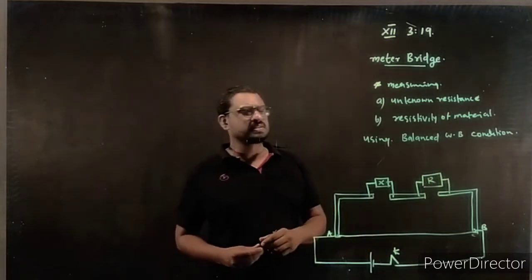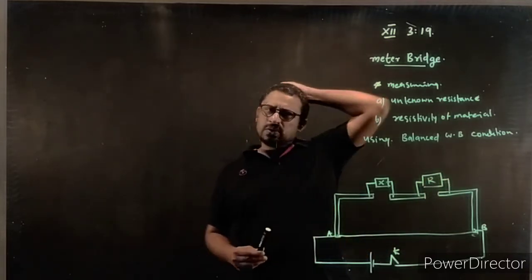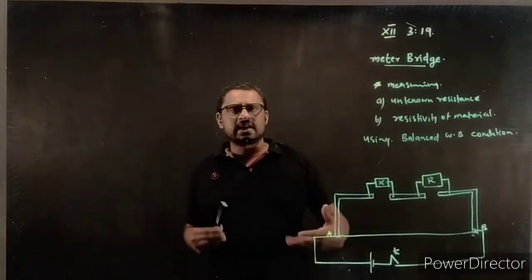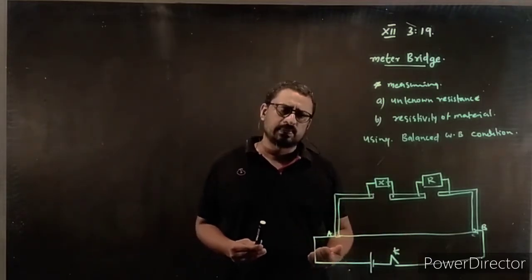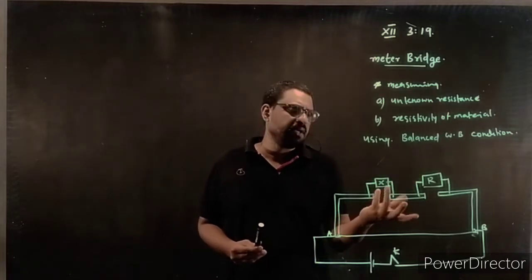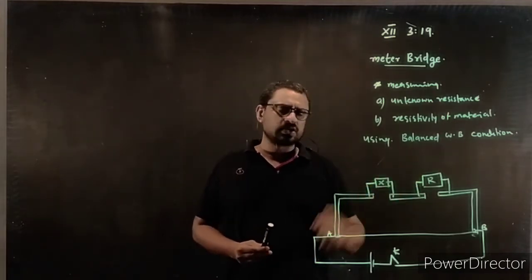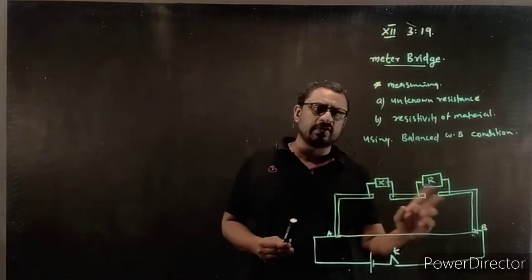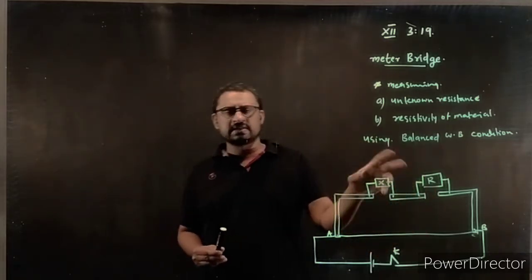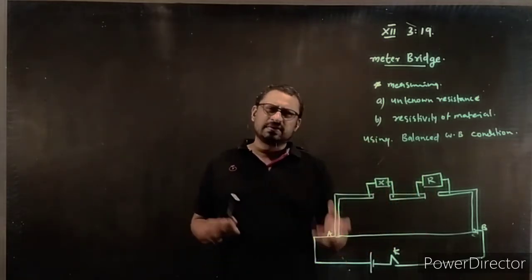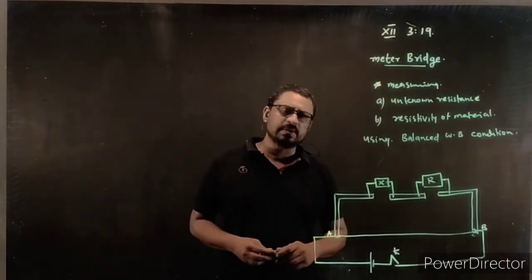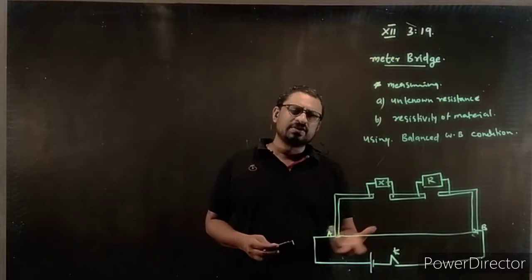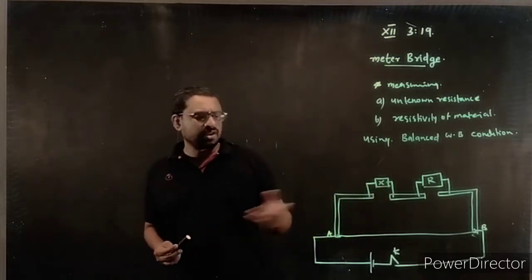A resistance box is a setup in which you can take the desired value of resistance. That value of resistance will be indicated in the resistance box itself. You will see that in your laboratory. It's an experiment you are doing in your syllabus, so it will be very interesting to understand the theory of it.